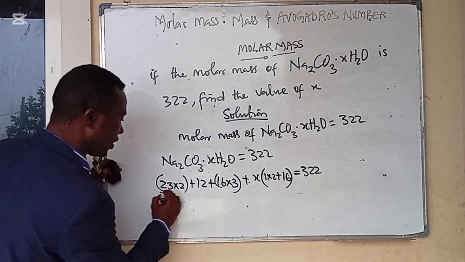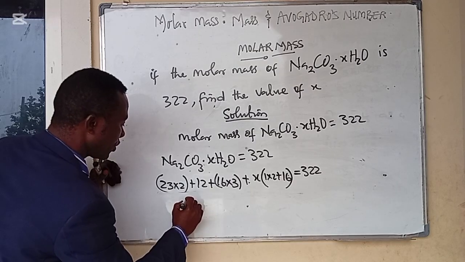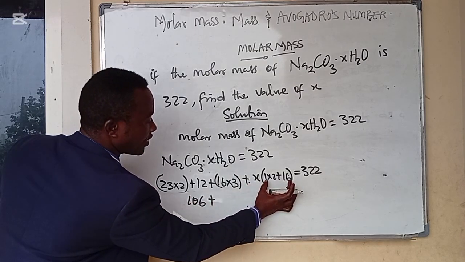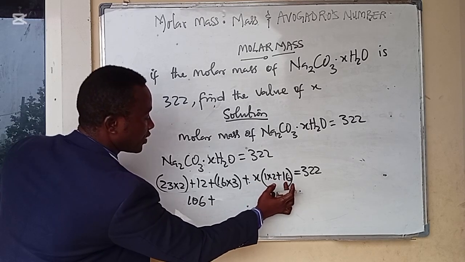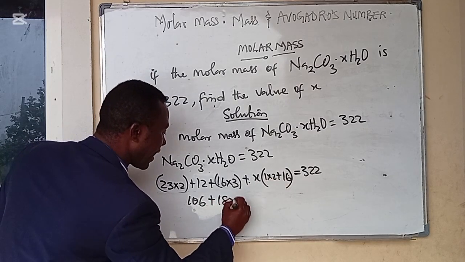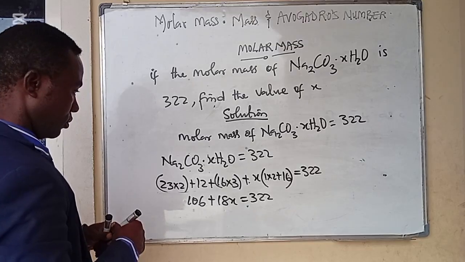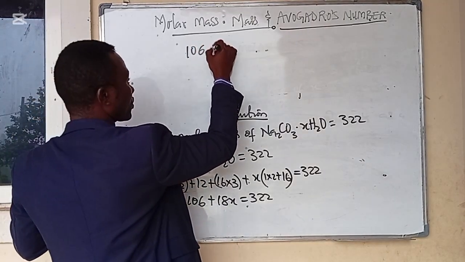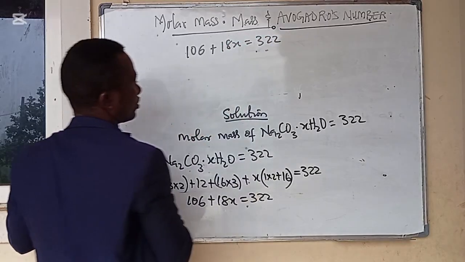Now, if we sum this up, we have 106 plus x times 18, which is 18x. Everything will give us 322. 106 plus 18x is 322.